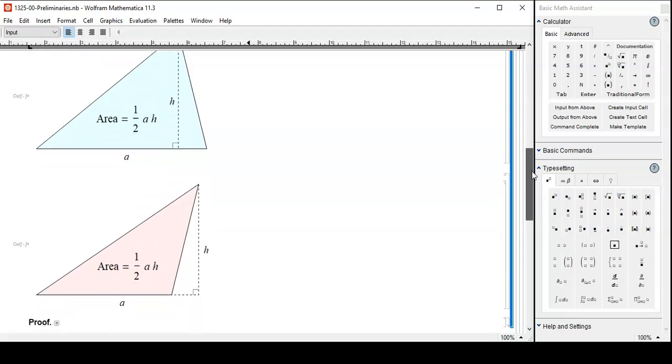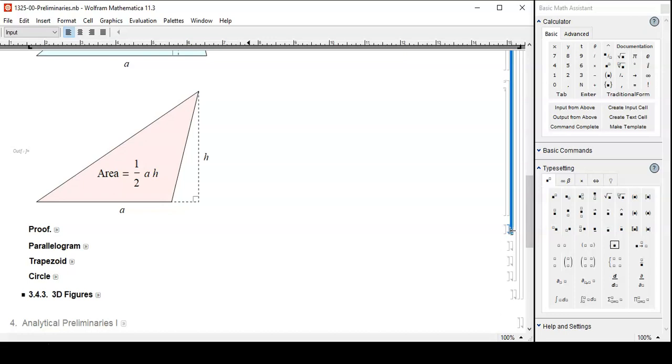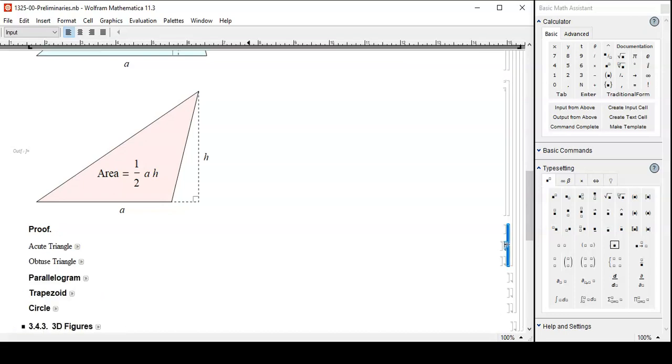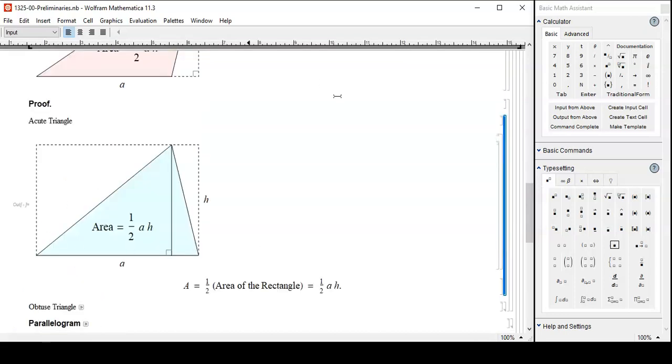The same applies for an obtuse triangle, and the proof actually follows from the observation that the area of the triangle is half of the area of the rectangle given by this base length A and height H. Form it like this, and then this left-hand side right triangle and this white right triangle are the same.